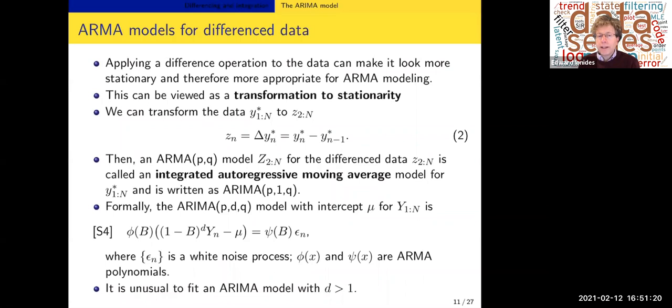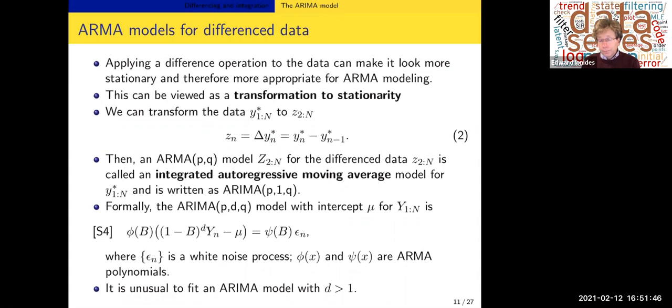In general, you can write down an ARIMA(p,d,q) model where you take the dth difference and model that as ARMA. Well, one other thing that I've done in S4, I've also included the mean. So it's the dth difference is a mean mu plus ARMA. And just as before, epsilon_n is a white noise process and phi and psi are ARMA polynomials.